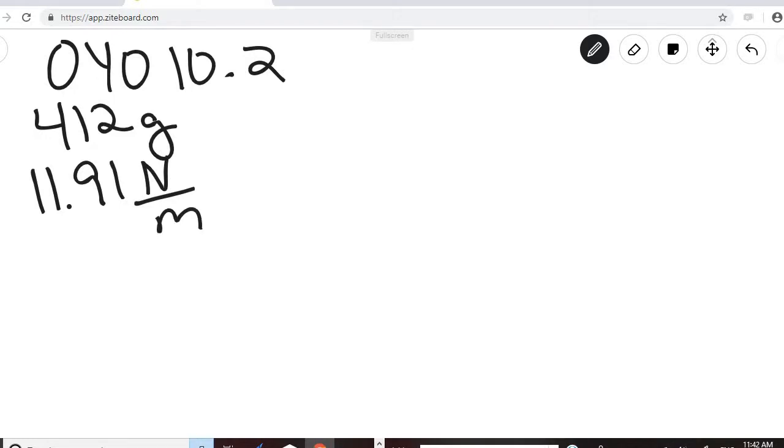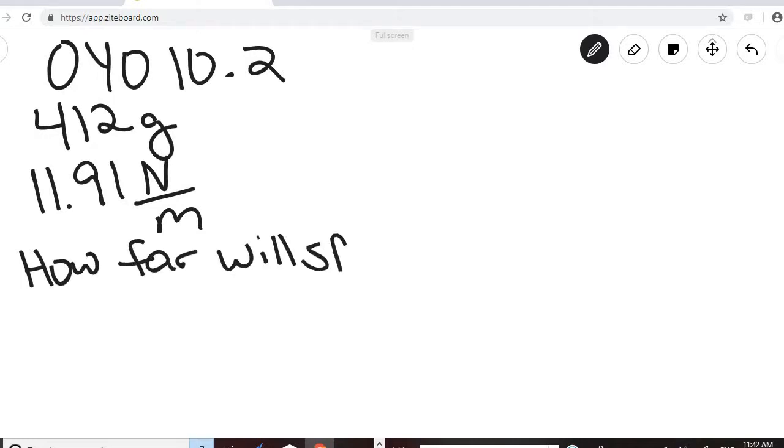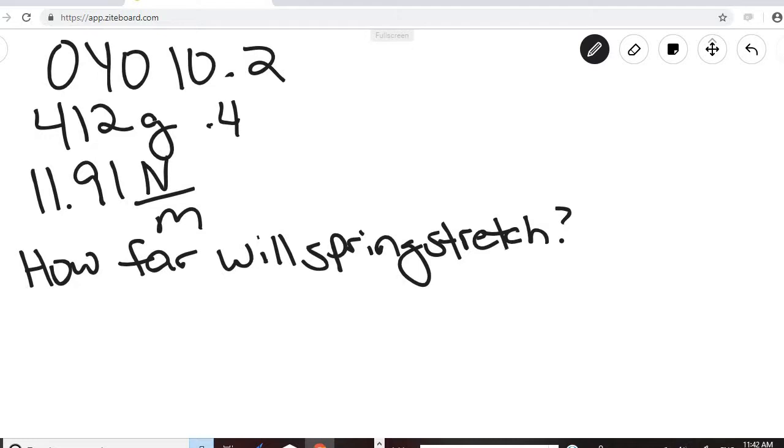And now we are asked, how far will the spring stretch? Same equation, we're just going to solve for something different. So let's go ahead and change this to kilograms. So it'd be 0.412 kilograms.